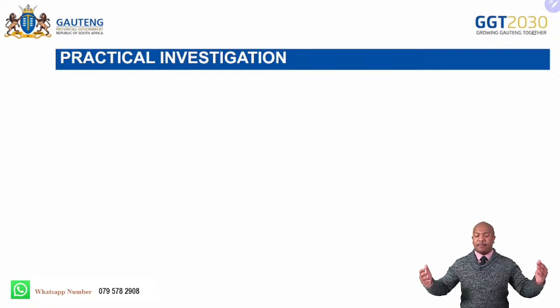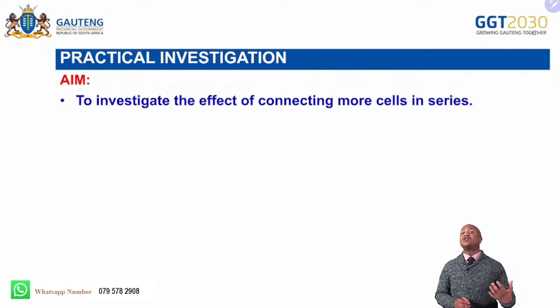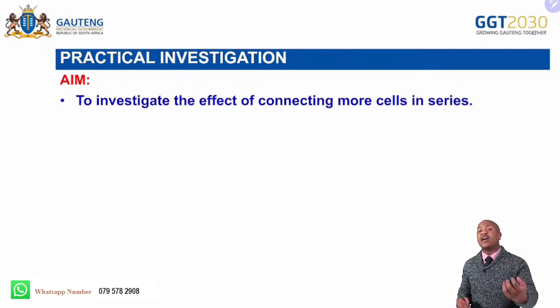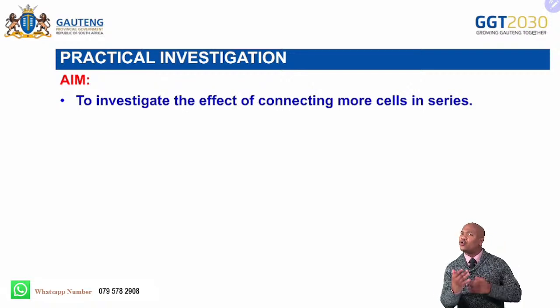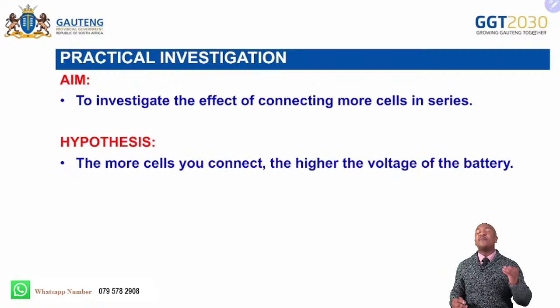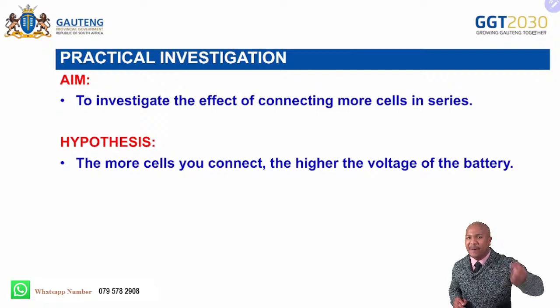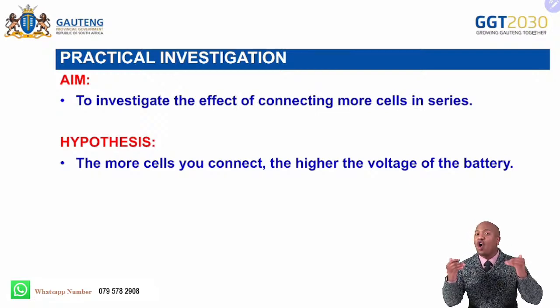What is our aim for this practical investigation? The aim is to investigate the effect of connecting more cells in series. So what would be our hypothesis here? Our hypothesis is that the more cells you connect, the higher the voltage of the battery. Now we're trying to prove whether this is true or not.